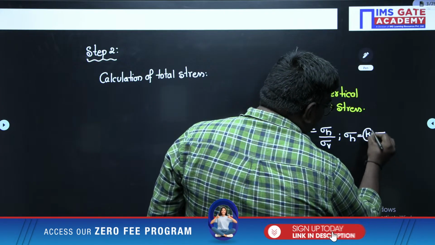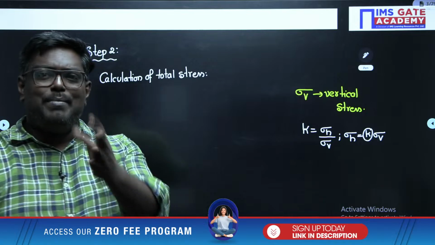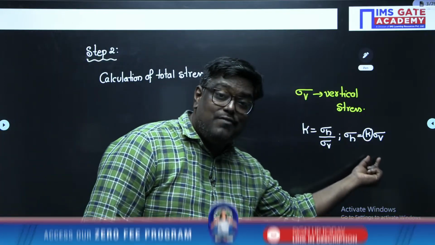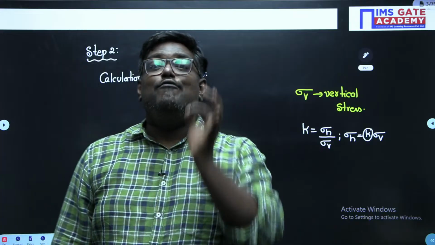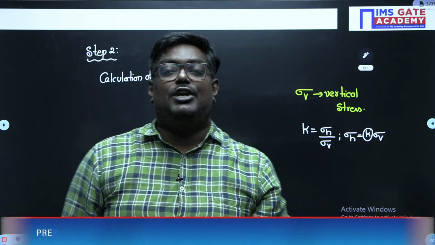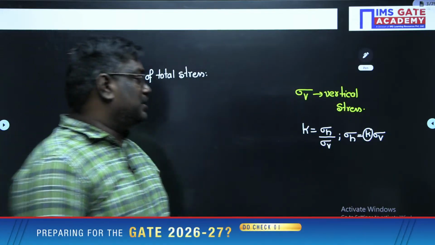So here you have to understand, my dear students, to convert the vertical stress into a horizontal component, we multiply with a coefficient called the coefficient of earth pressure.